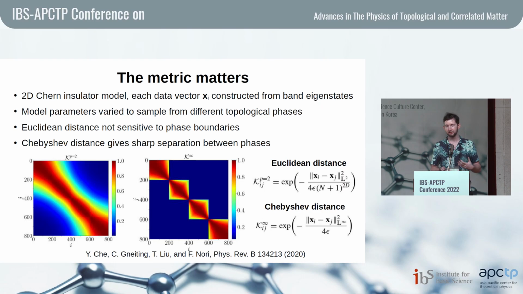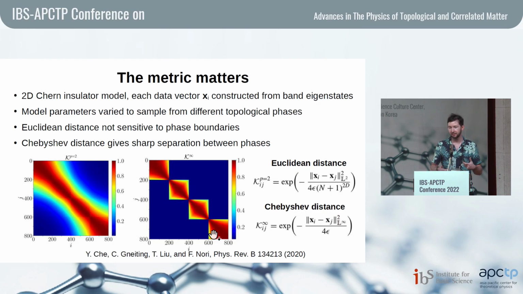On the other hand, the authors showed here, if you use a different metric, which is this Chebyshev distance, which is basically the p-infinity norm, or the largest difference between elements of your data vectors, you get a very strong contrast between the different phases. So each red region here is indicating similarity between points drawn from the same topological phase, and then we have 4 distinct phases here.